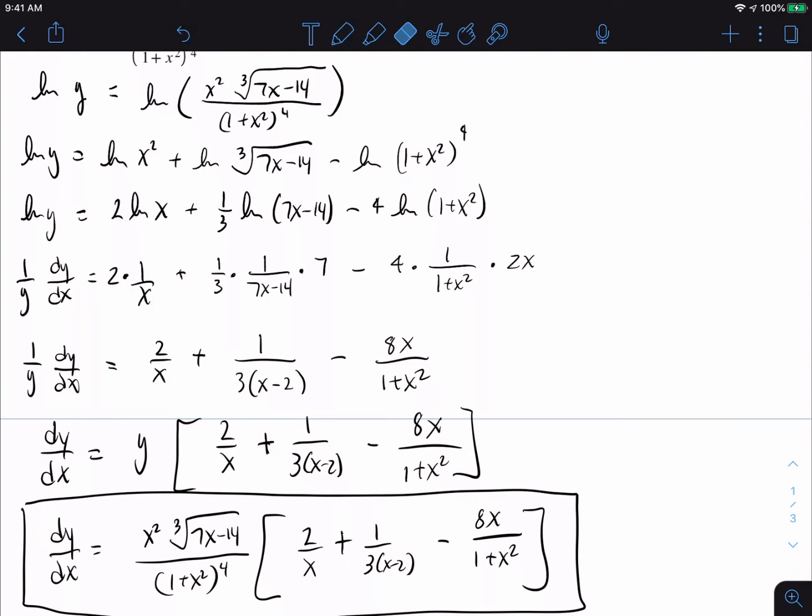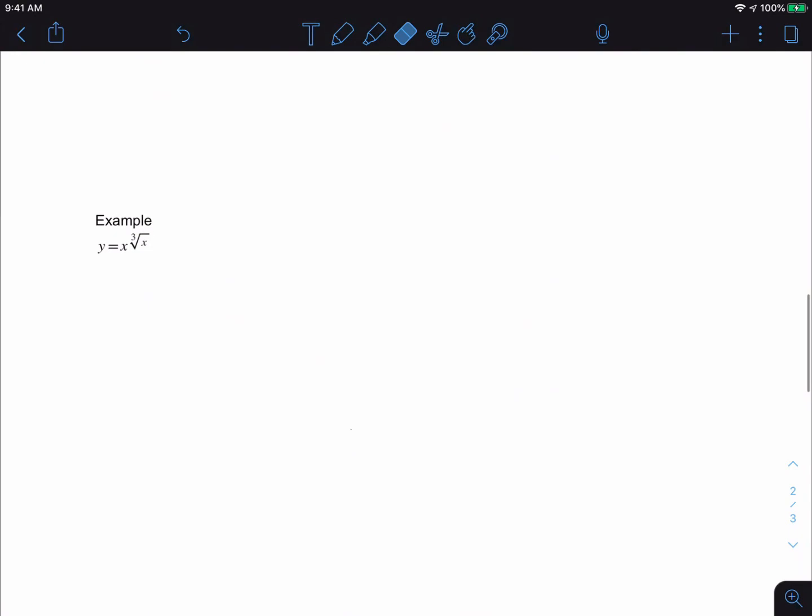All right, can I do the next problem? All right, here we go. So this problem here, what ends up happening is you probably can't see it very well, so I'm going to write it in a way that you can see it. This problem isn't this. It's this.